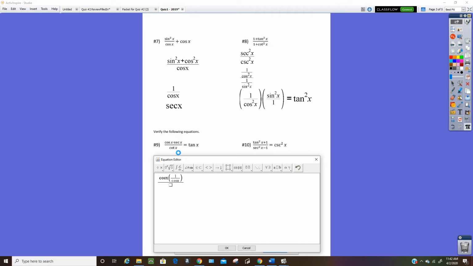And since I noticed this cotangent is in the denominator, I'm going to leave that alone. I could change it to cosine over sine and I get the same result, but I notice that this is going to cancel here, so let's have 1 over cotangent equals tangent, and then tangent equals tangent.